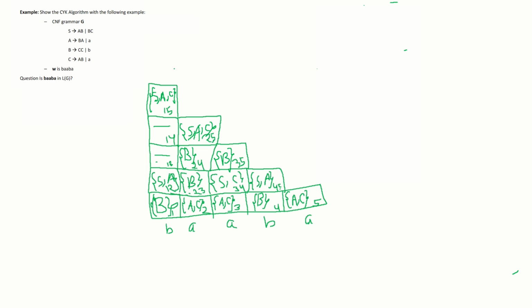As the start symbol is in this set, we can say that this string BAABA can be generated from this grammar. Alright. So I guess I was able to make you understand this. So thank you.